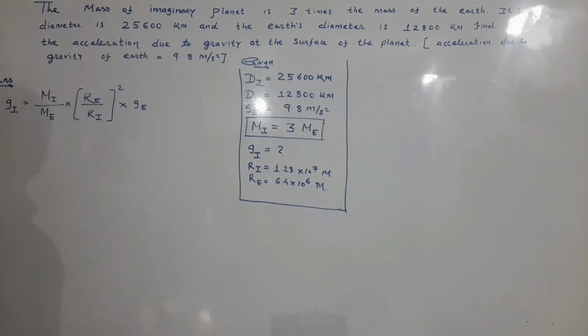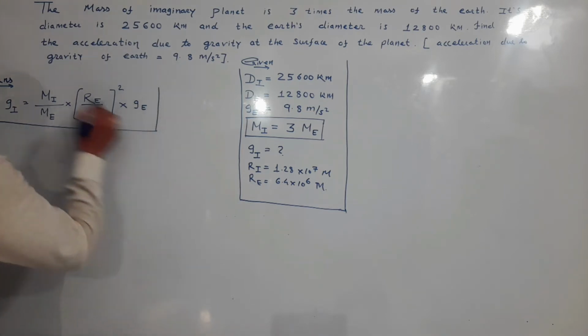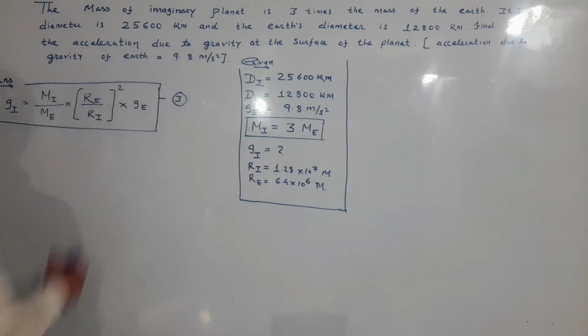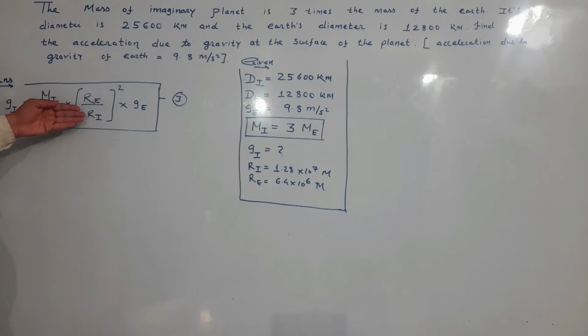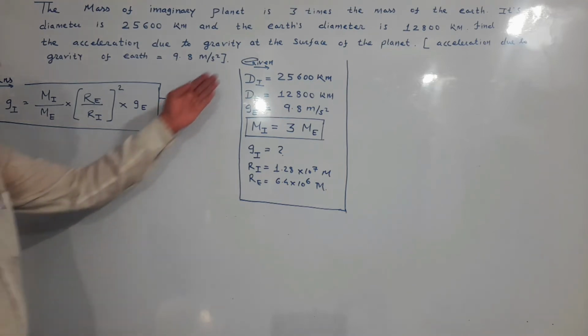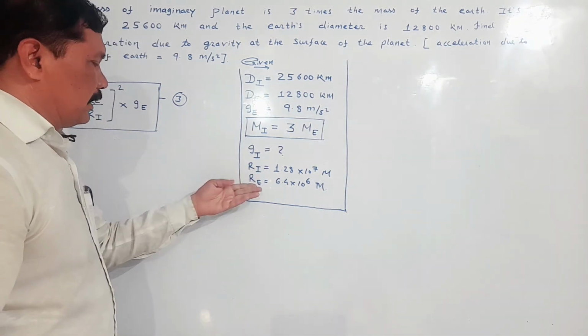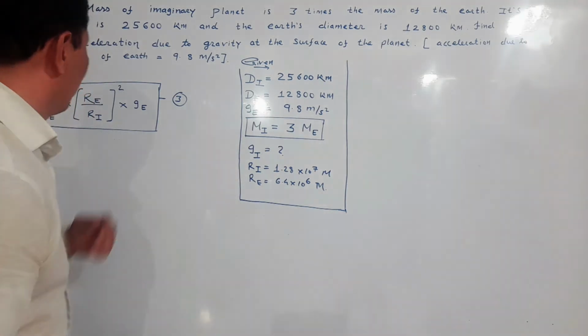Now my dear student, we have got equation number 3, that is Gi is equal to Mi upon Me into (Re by Ri) whole bracket squared into Ge, and according to our formula we have found the radius of the imaginary planet and the radius of the earth.